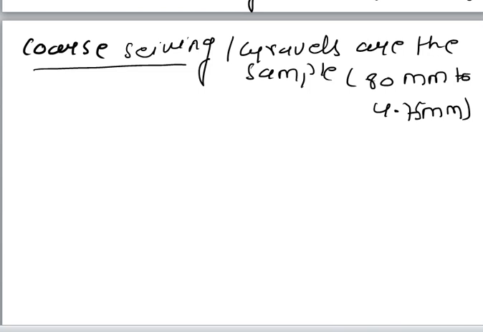They are not sand. Then what is sand? Sand is the particle size which are passing through 4.75 mm and retained over 75 micron. They are called as sand.